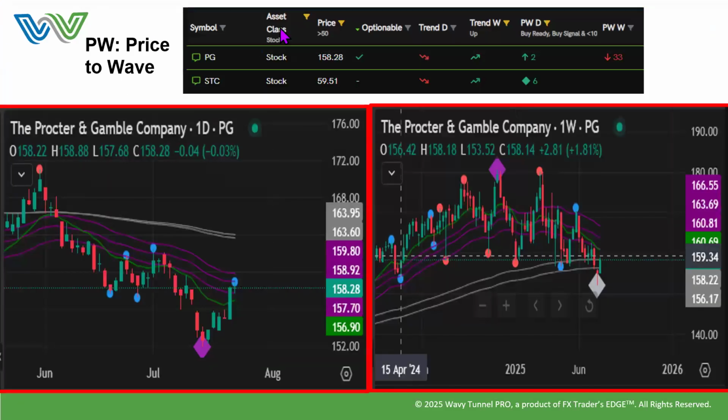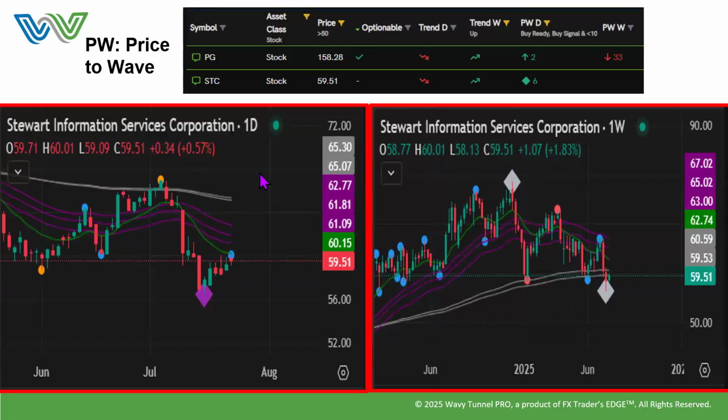Now notice that PG, Procter & Gamble, is optionable. The next stock is not optionable, and that's this stock here. The pattern looks the same. The pattern looks very nice. On the weekly, you have the tunnel. The tunnel always has your back, and you want to see it moving off the tunnel, obviously.